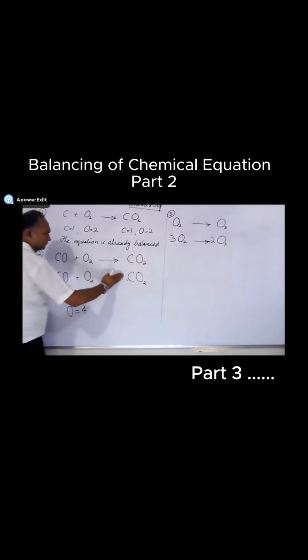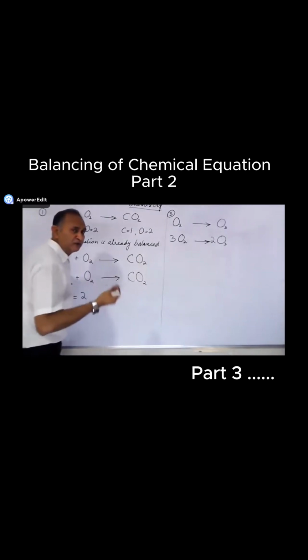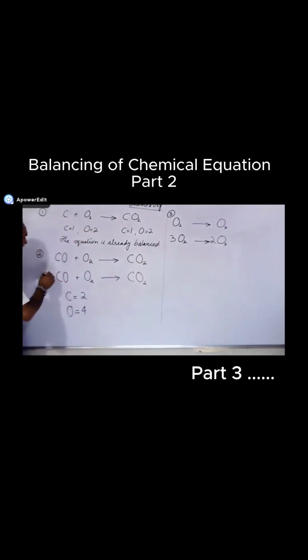Look at the board. 1 carbon, carbon balanced, but oxygen is not. So, which is the lowest number? I should begin with 2. So I wrote 2 over here. Now 2 carbons, 2 oxygens, 2 oxygen plus 2 oxygen, 4 oxygen, and 2 2s are 4 oxygen. Okay?